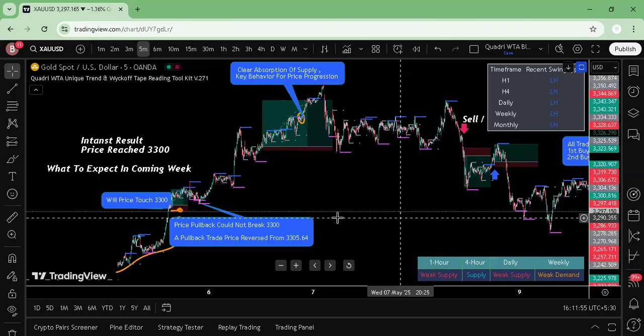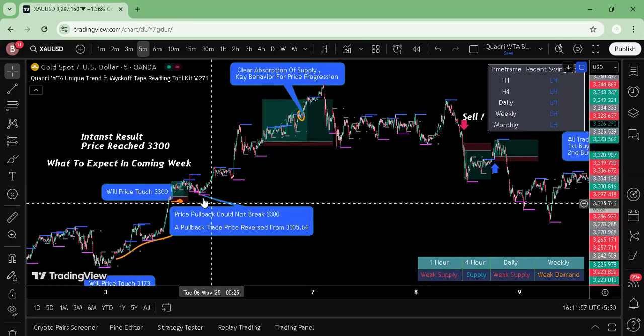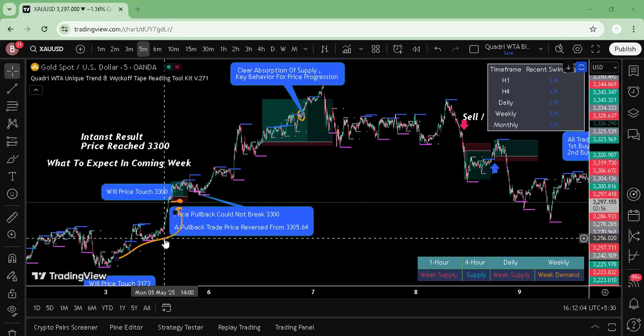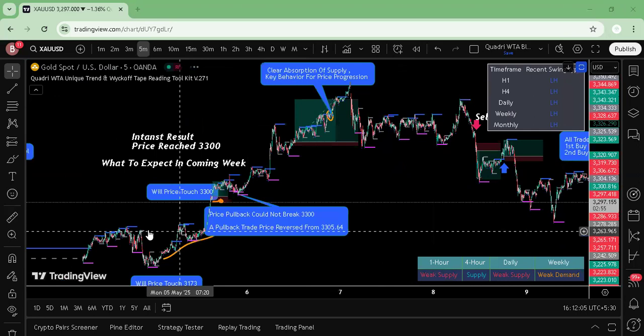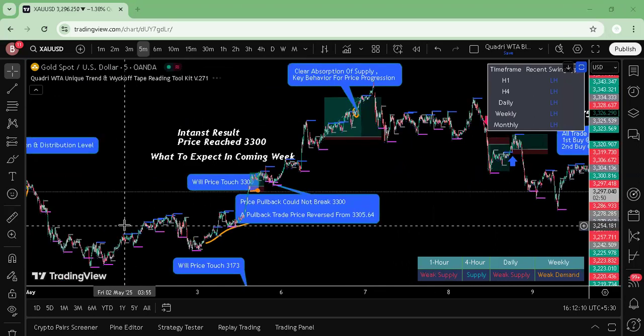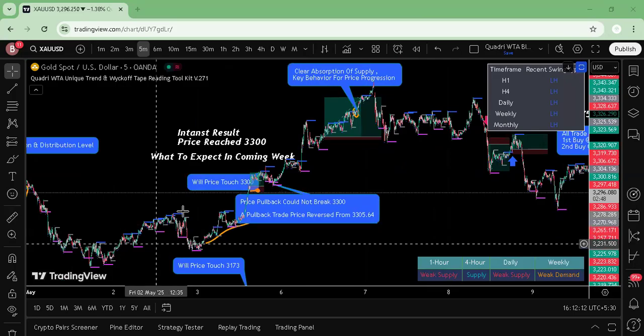Okay, this was a level, so let me mark it. I gave this level when price was trading at this particular price level.